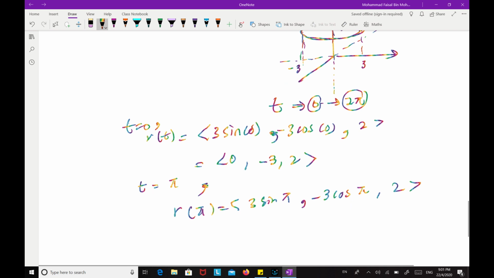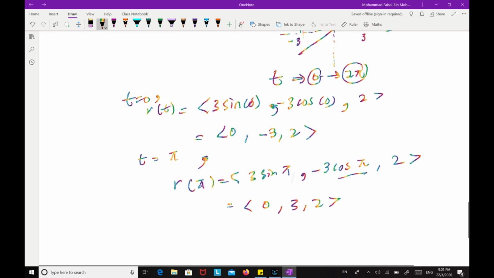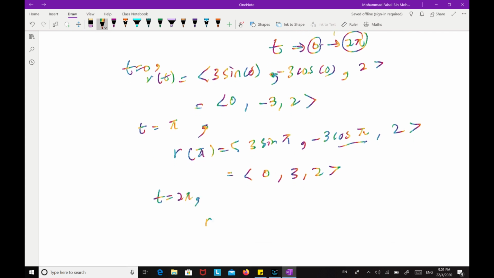So you will have 0, cos pi will be negative 1, negative 1 times negative 3 will be 3, 2. And then t equals to 2 pi, so r(2 pi) will be 0, cos 2 pi will be 1, right? Cos 2 pi will be 1, so negative 3, 2.